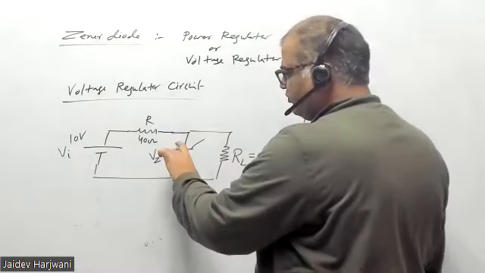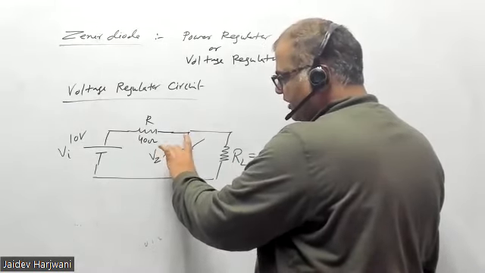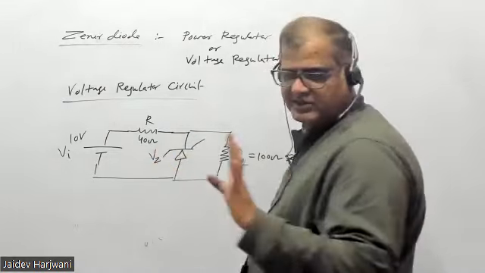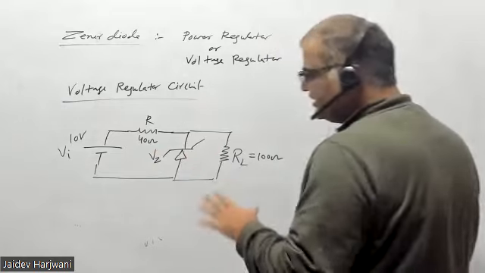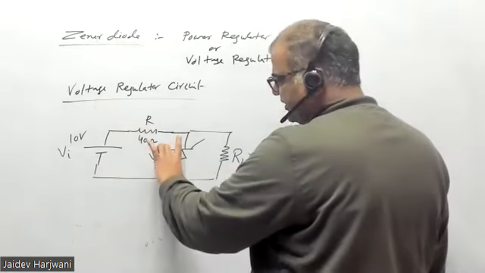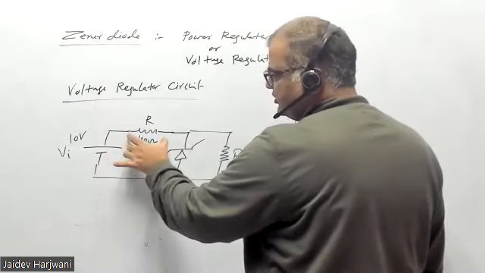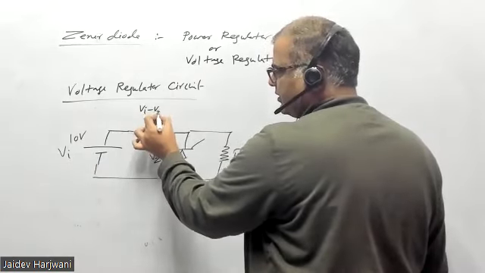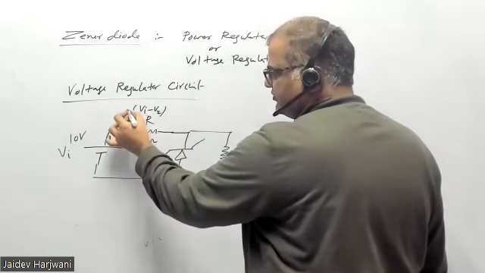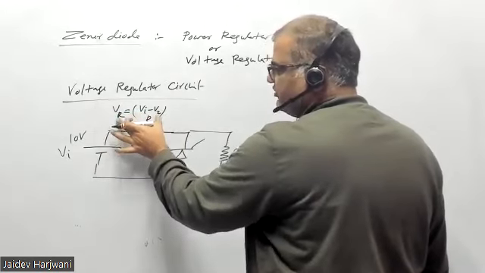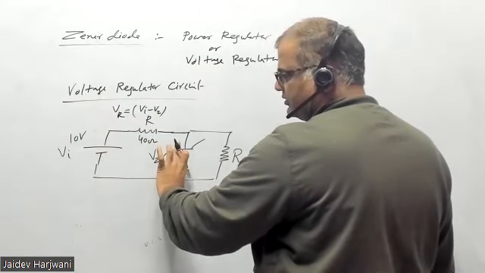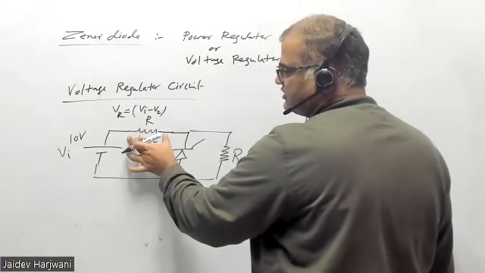If the open circuit voltage is greater than or equal to Vz, that means your Zener diode is on. Once it is on, the voltage across R will be Vi minus Vz. This VR is already fixed.